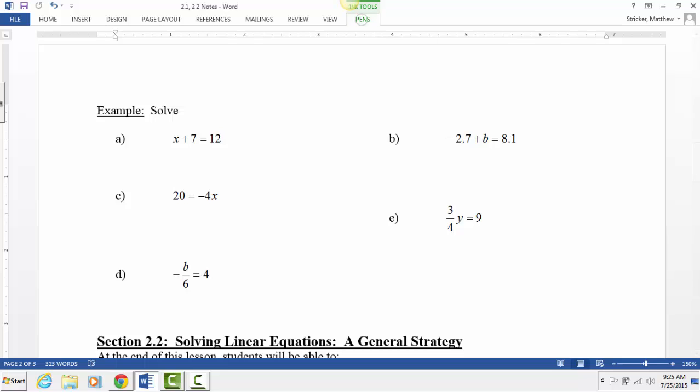So let's jump right in here. We have an equation. We have x plus 7 equals 12. Now ask yourself the question, is x by itself? Have we isolated x? No. We need to isolate. And the way we do that is with inverse operations.